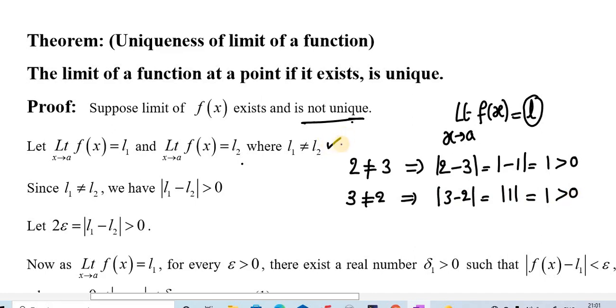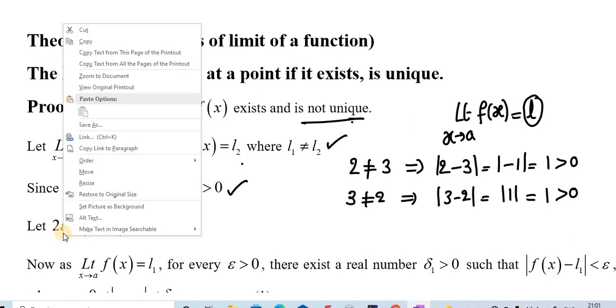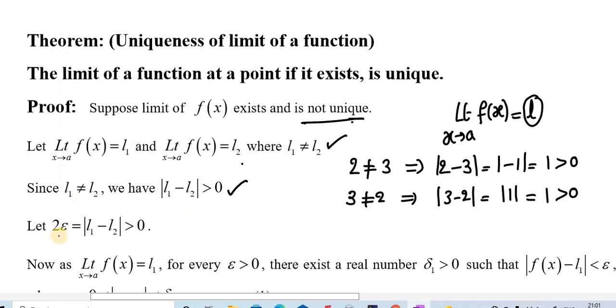That means whenever L1 not equal to L2, the modulus of L1 minus L2 is greater than 0. So again epsilon is greater than 0, so 2 epsilon is greater than 0. That's why we are going to take 2 epsilon equal to modulus of L1 minus L2. This is greater than 0.